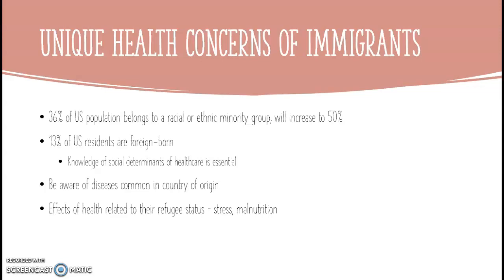A lot of people in the country have enlarged thyroids because of the deficiency of iodine in India. So it's actually a very common finding in most patients. So it's not necessarily a pathological finding. That's just an example of something that you may find. So be aware of diseases that are common in countries of origin.